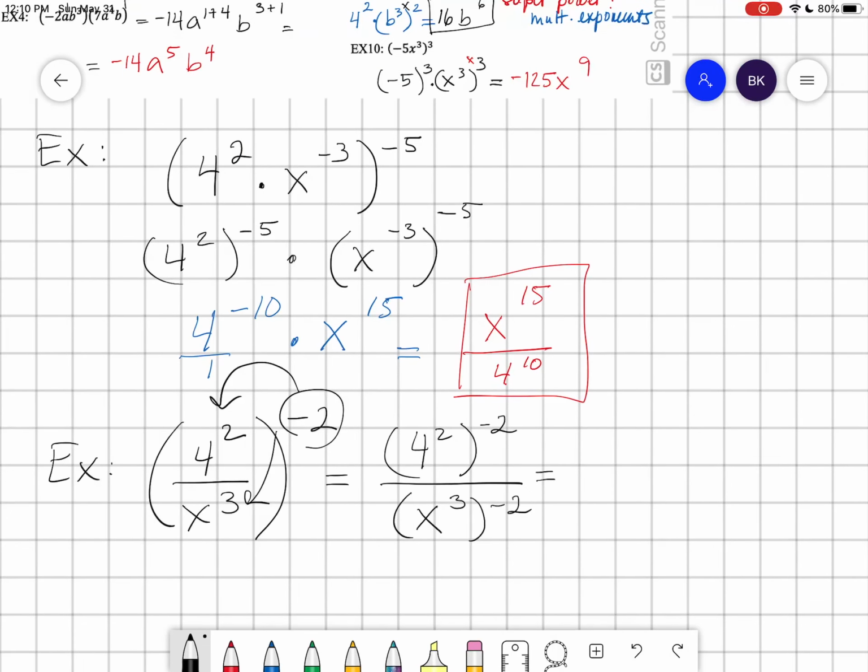So let's take a look here. 4 to the negative 4th power over x to the negative 6th power. Ladies and gentlemen, they're both negative, so we have to take a reciprocal of both. Or if you can notice this, we're simply going to just flip our fraction, and all the exponents right away will become positive. So it would be x to the 6th over 4 to the 4th power, and that would be your final answer. Hopefully this was not too bad.